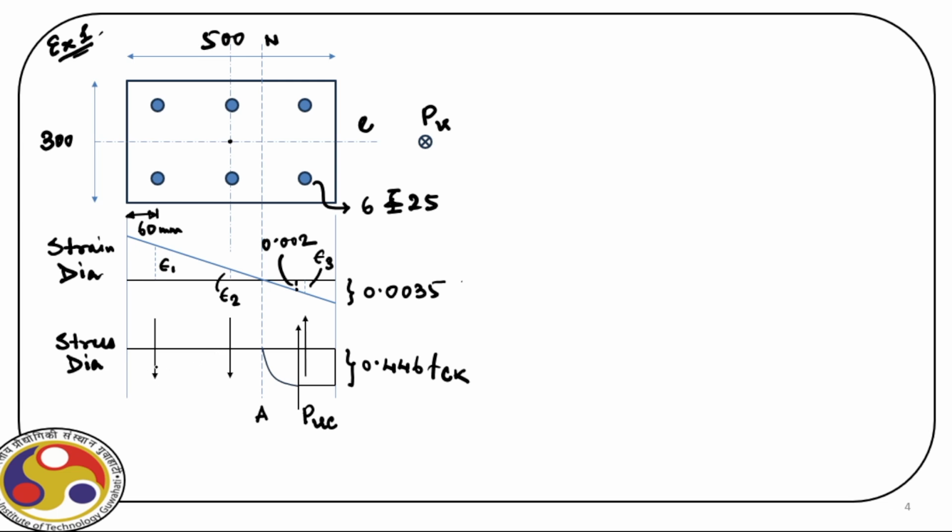We have 3 layers of steel, so for each layer we have forces, right? Now the column is made of M30 concrete and Fe 415 bars.